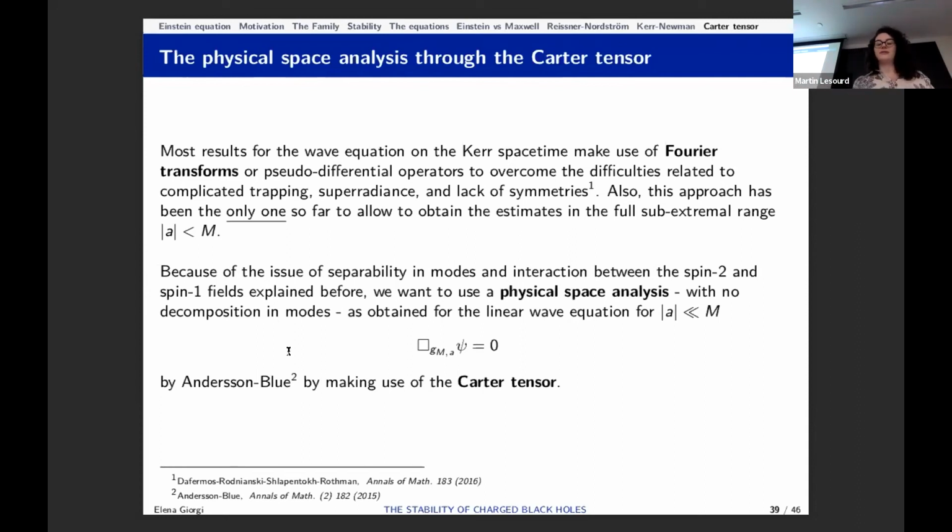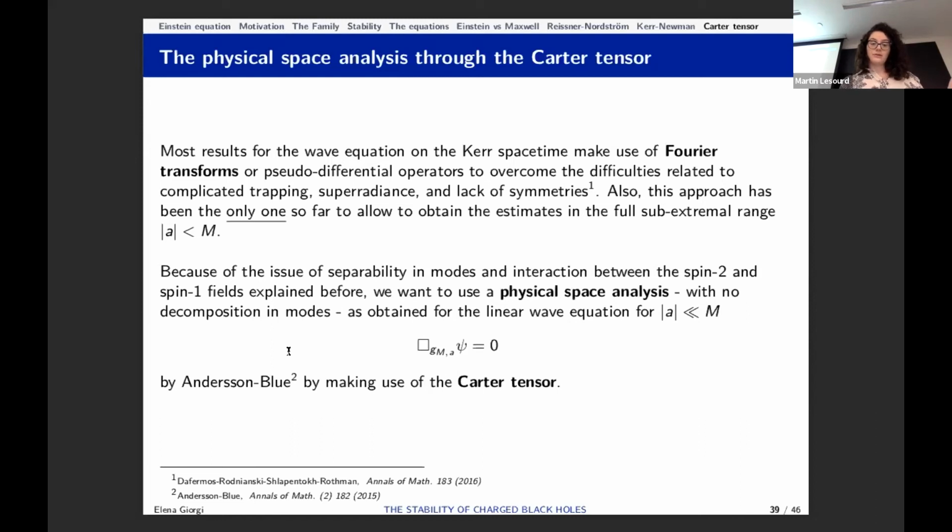So if I don't want to do that, I would like to have a physical space analysis where I don't have to really mention spheroidal harmonics. And fortunately, there is a work that only works for very small angular momentum by Andersson-Blue, that obtains these physical space estimates in Kerr for the wave equation, a very beautiful work.